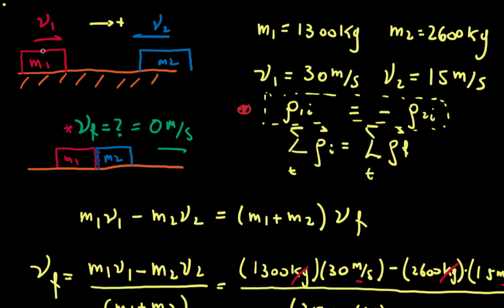So this object here is moving. If this object is moving, that means that there is a kinetic energy due to object 1 at its initial position. And object 2 is also moving, therefore there needs to be a kinetic energy associated to this object, and since this is initial.